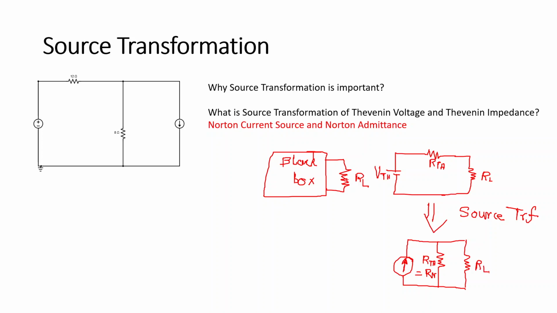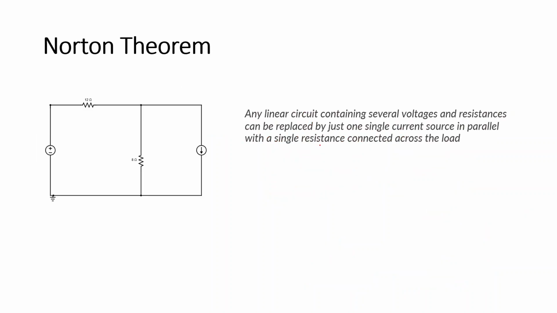So thus comes our Norton theorem. In similar lines with Thevenin theorem, we can say that any linear circuit containing several voltage or current sources and resistances can be represented by just one single current source in parallel with a single resistance connected across the load. Let's take this example again.